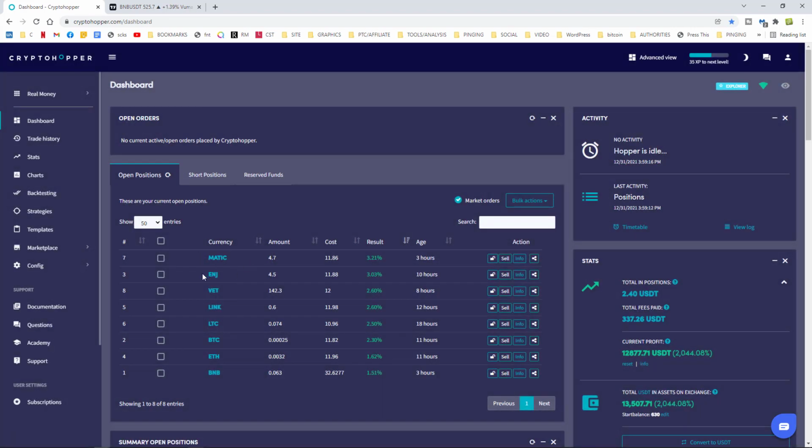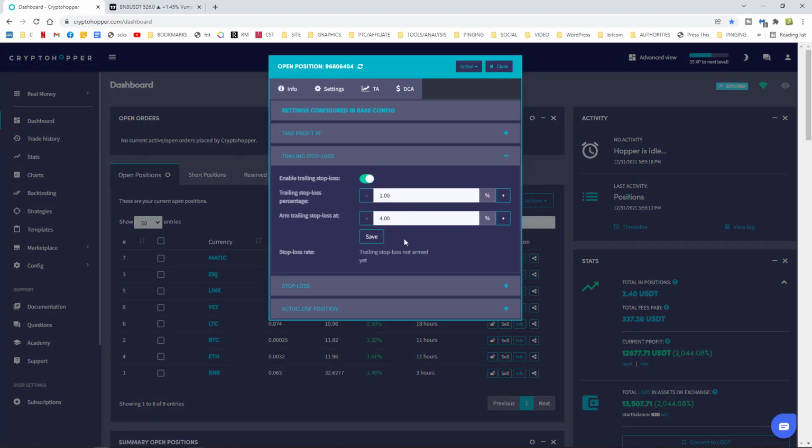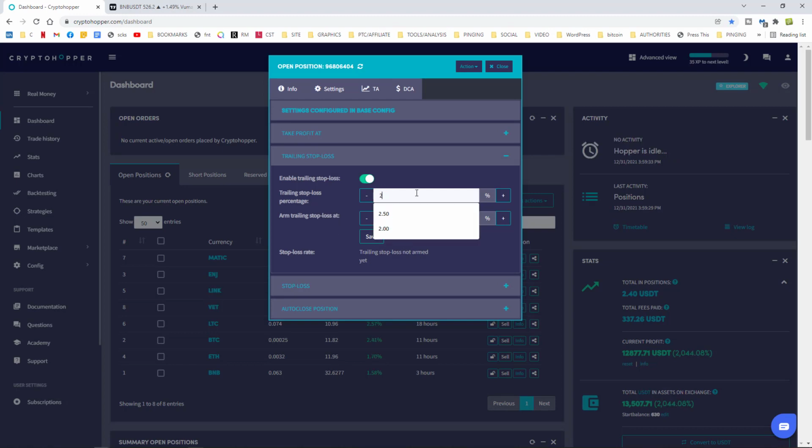However, Engine, I might think, well, I don't think that's going to get up to 7.5, so I might just say, right, well, I think it'll get to 6, and I'll give that a 2% drop. So, hoping for at least 4% there. Remember, it's not going to just go to 6 and then drop 2% to 4.